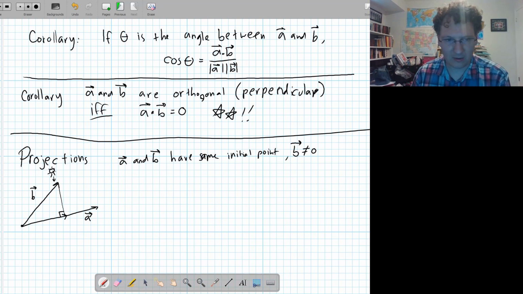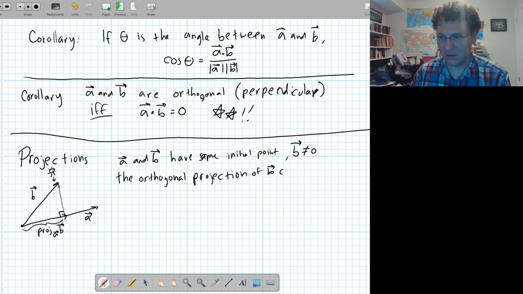So I'll write it here. This vector that we have right here is the projection of B onto A. That's what's written. I'm going to put it in other words. The orthogonal projection of B onto the line containing A.